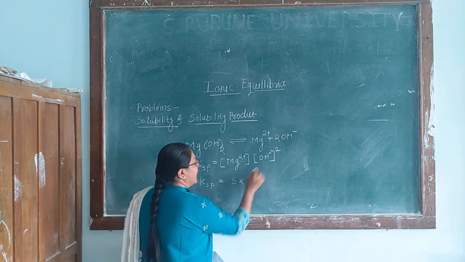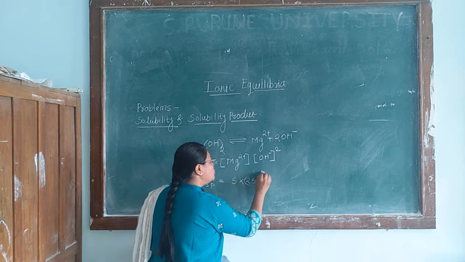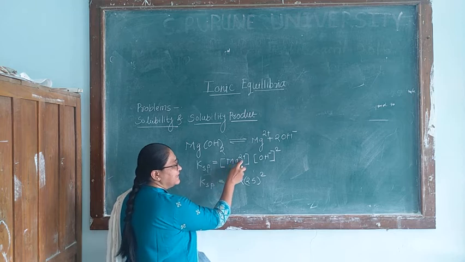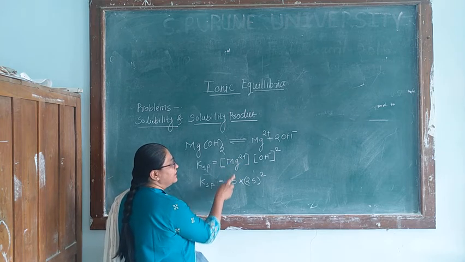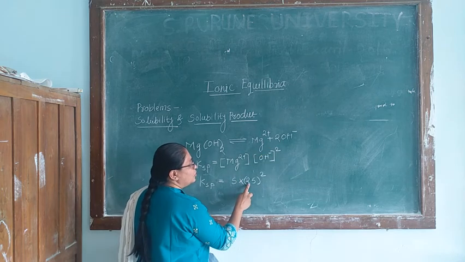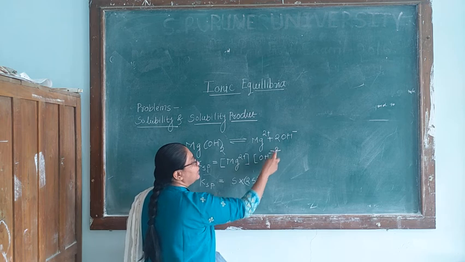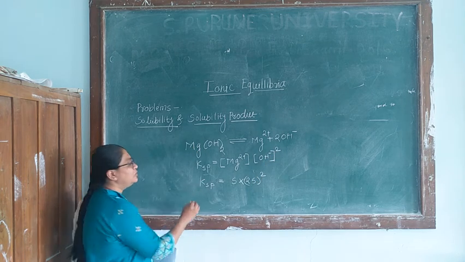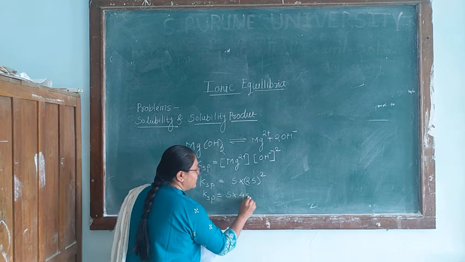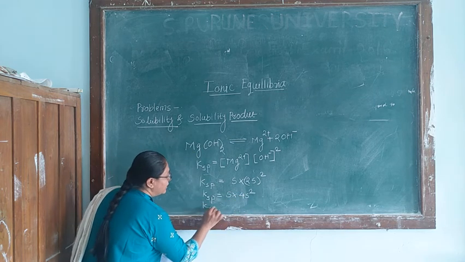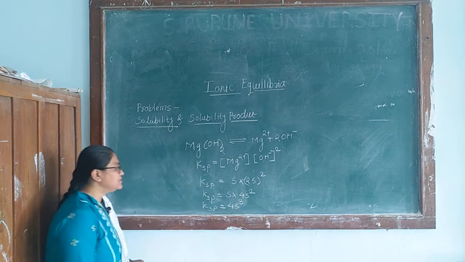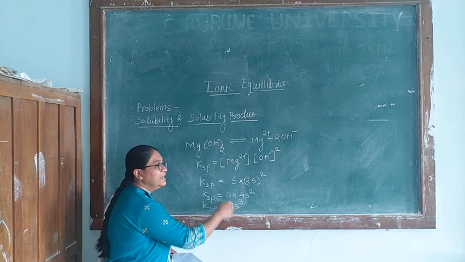The Mg2+ cation is formed only once, so its solubility is s, with power 1. The hydroxyl ion is formed twice, so 2s, raised to the power 2. Therefore, the solubility product for magnesium hydroxide is equal to 4s cube, that means 4 into solubility raised to 3.